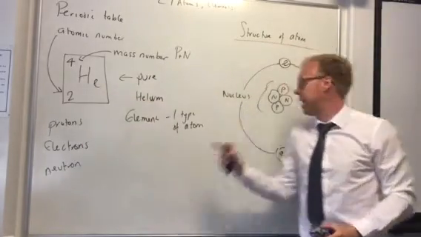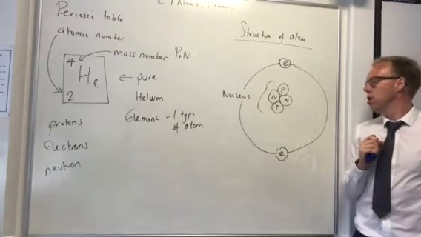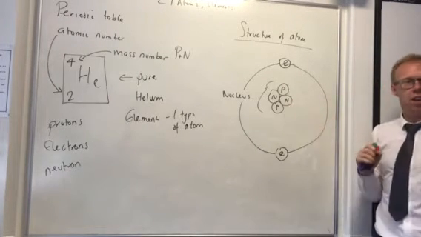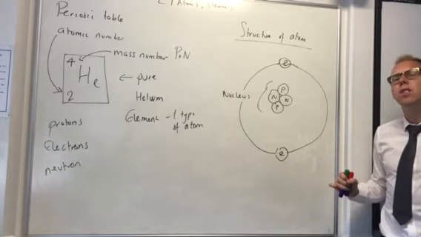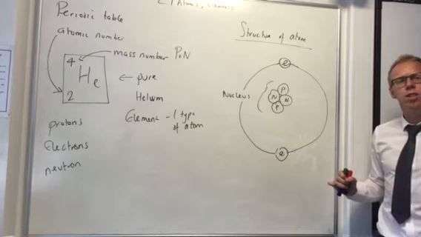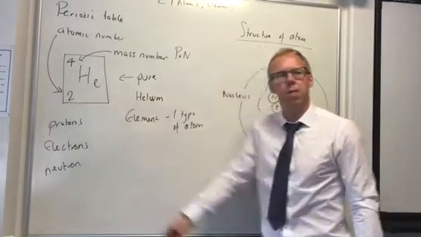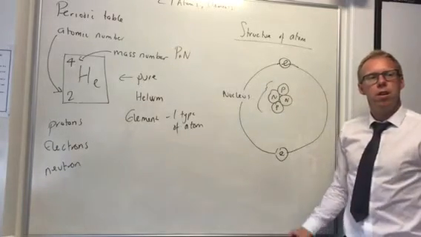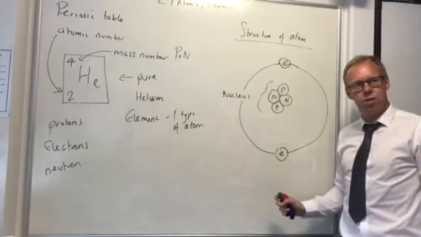Let's look at it again. 2. What does that stand for and what can you see in the diagram? 2 protons, which I can see. Does that atomic number also mean there's 2 neutrons? It means there's 2 electrons.